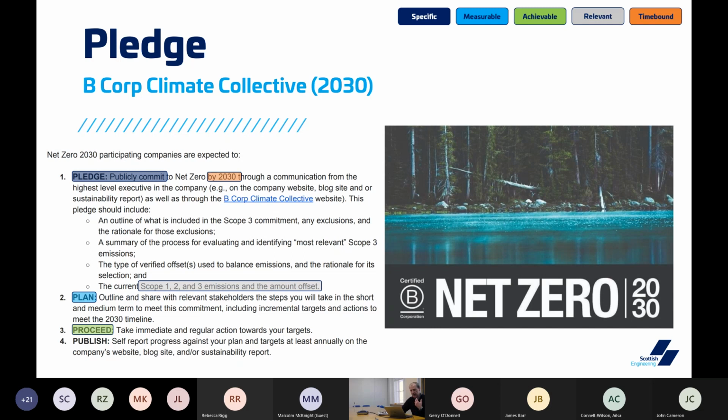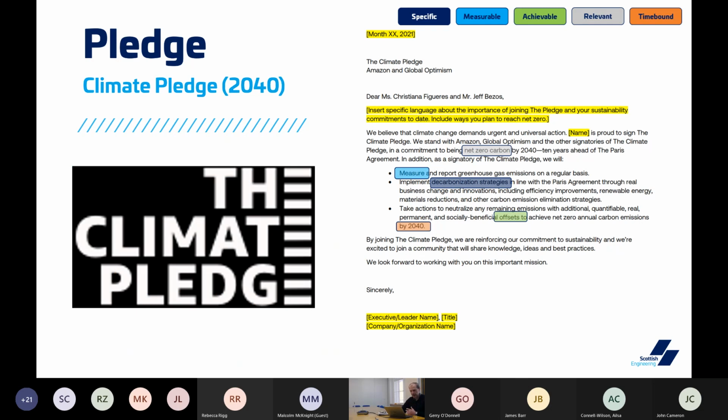So again, it's all about being smart. The Climate Pledge is another one, and that one is 2040. But here again, it includes all the smart pieces: being specific, measurable, and time bound, as I said, 2040.